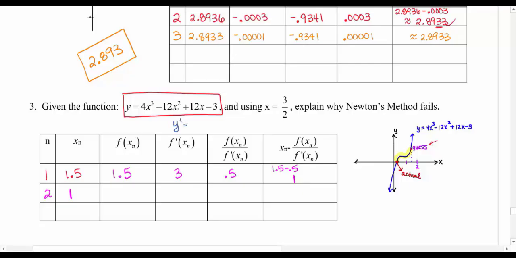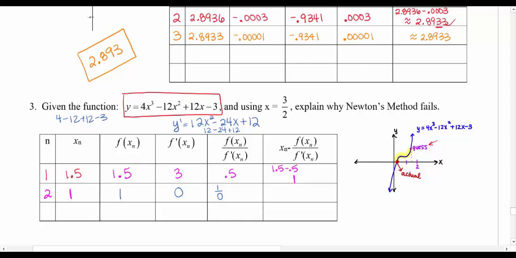So I'm going to calculate this derivative real fast. Okay. So my function value at 1 would be 4 minus 12 plus 12 minus 3. So 4 minus 3 is 1. My first derivative at 1 is going to be 12 minus 24 plus 12. So 24 minus 24 is 0. And this ratio becomes 1 over 0.